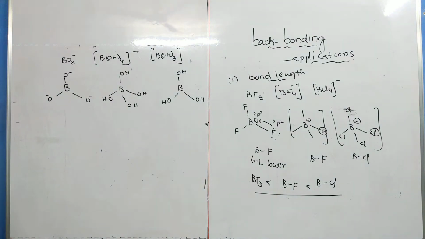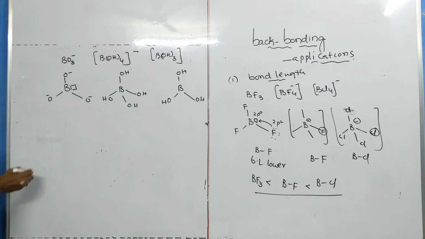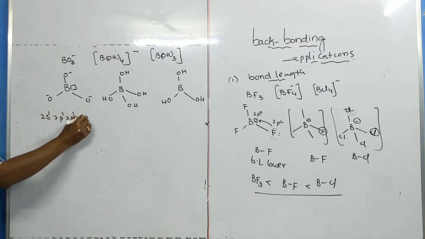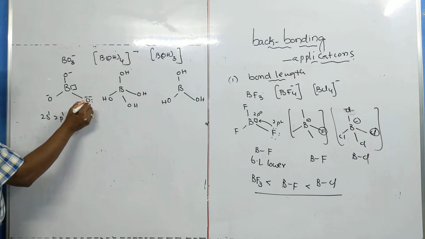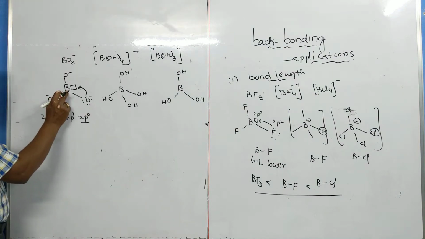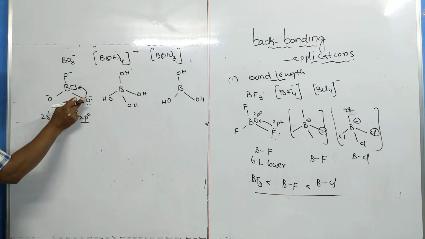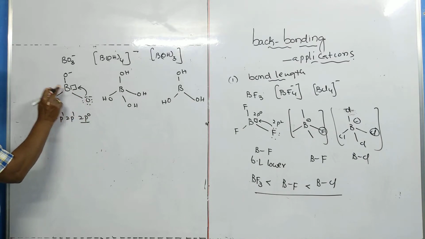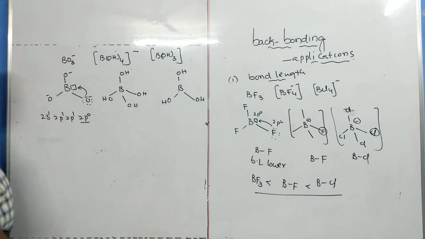Now boron made 3 bonds using 2s1, 2p1, 2p1, but still it has a vacant orbital. To this vacant orbital, the oxide ion donates a lone pair of electrons. Interestingly, boron is a second period element and oxygen is also a second period element. There will be back bonding between second period atoms, where one has a lone pair and another has a vacant orbital.